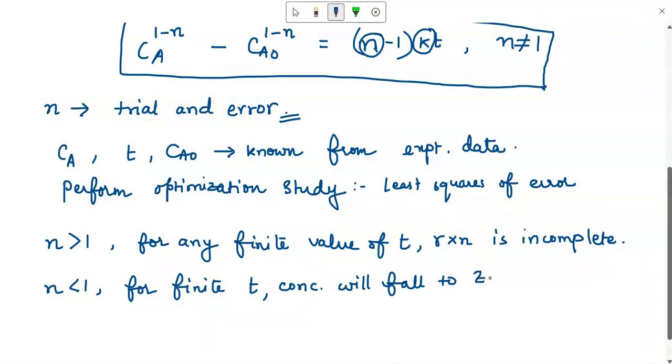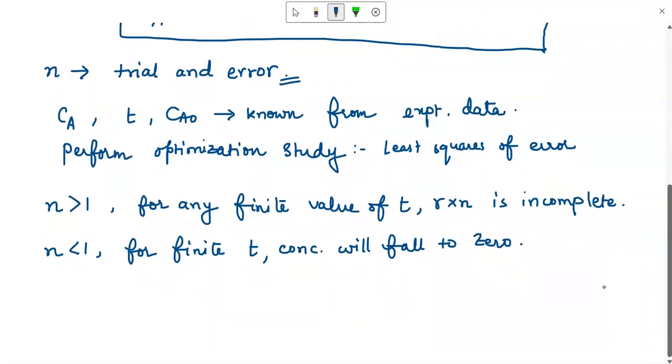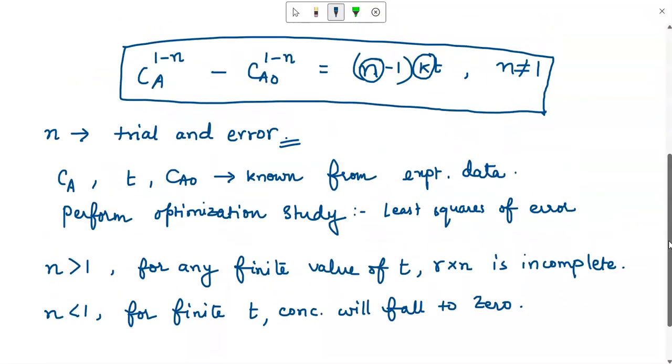And if you continue further, mathematically it will show some negative value, but that is practically not possible. It's not a feasible thing. So you must remember that if the order is less than 1, for a finite time value, concentration will fall to 0, assuming this equation.